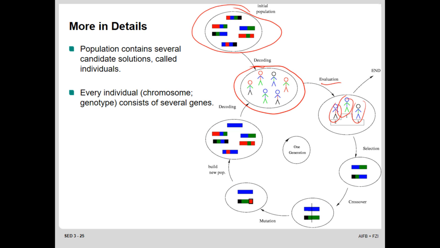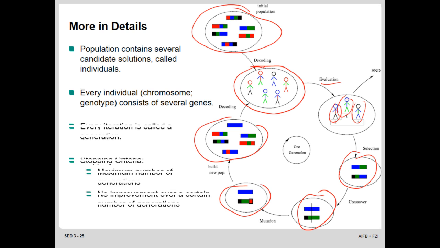So I get some ranking, and based on that ranking, I select parents, perform a crossover, mutate, build a new population, and then decode again. So this is the circular view. And every iteration is called a generation. And the stopping criteria here at this point are, for example, a maximum number of generations, or that you have not observed any improvement over a certain number of generations.